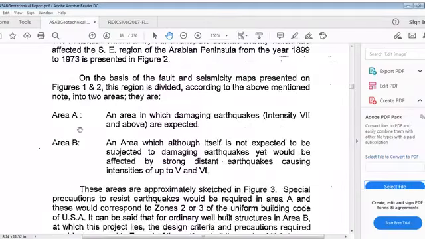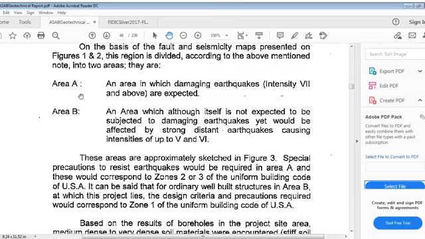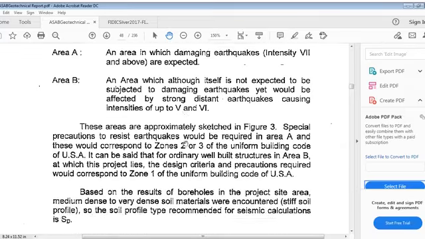So let's go now. On the basis of the fault and seismic maps presented in the figure, this area is divided according to the above mentioned note into two areas, Area A and Area B. Area A is an area in which damaging earthquakes of intensity 7 and above are expected.